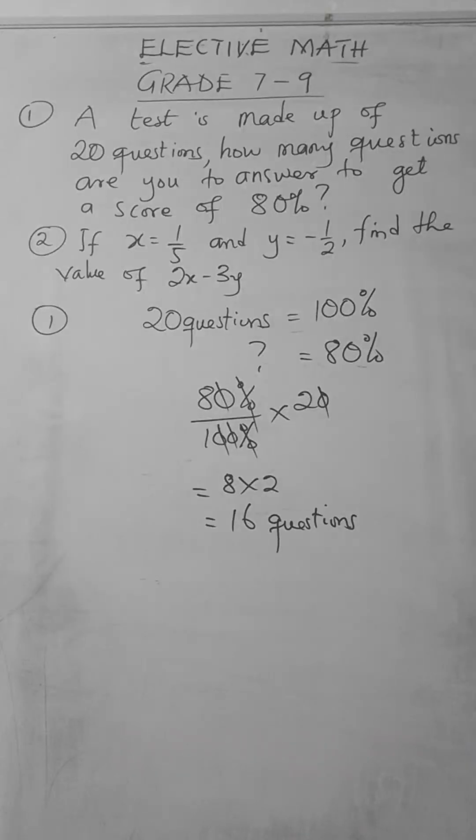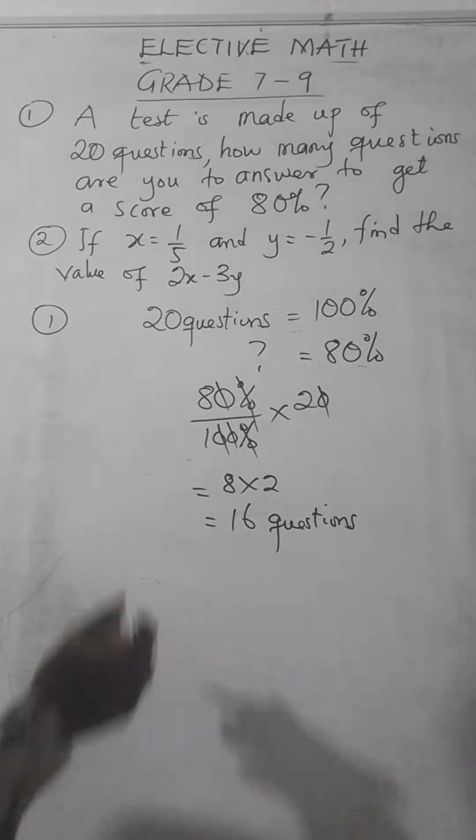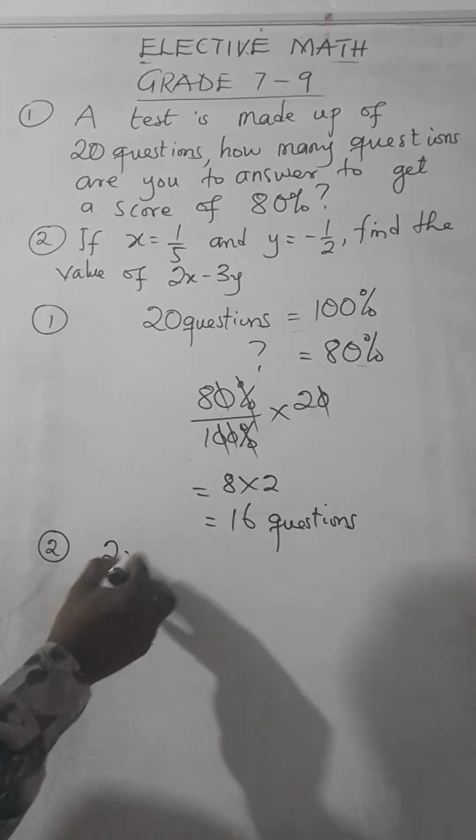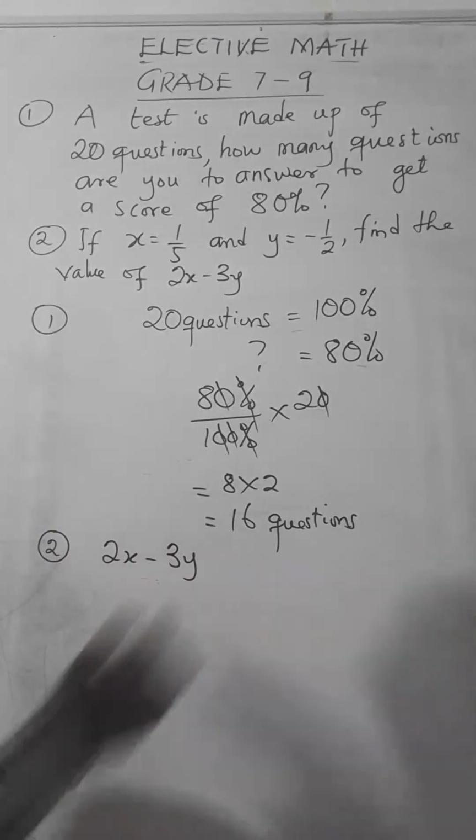Then the next question is about change of subject and substitution. So you have been given 2x minus 3y.